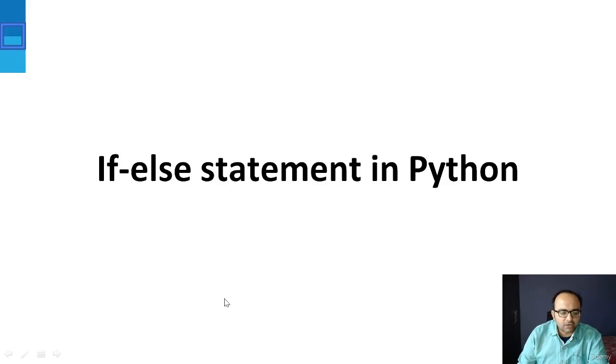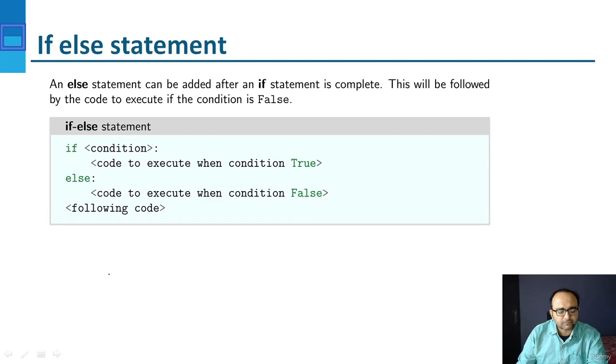Now let's see how the if-else statement is written in Python. This is the syntax of the if-else statement. If followed by the condition. If this condition is true, the associated block of statements will be executed. Suppose this condition is evaluated to false, then control will be moved inside the else block.